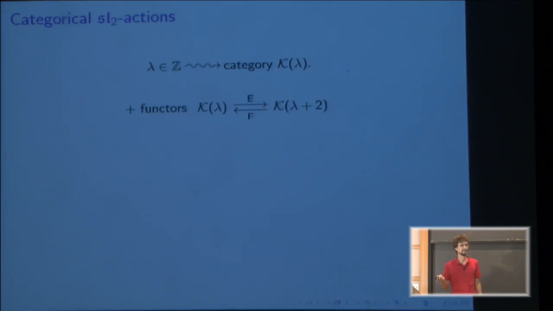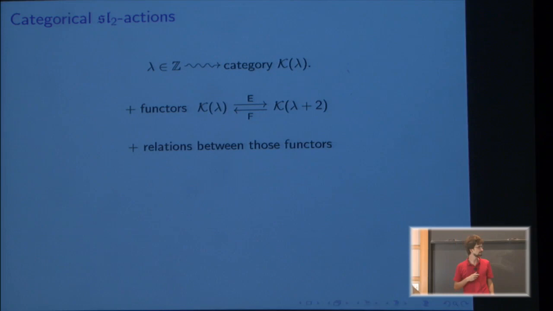Then we have some functors E and F going between those categories. And then we have some kind of relations between those functors. And notice that here I'm not talking about H anymore, because H is irrelevant additional data that we don't need. So H comes out automatically.